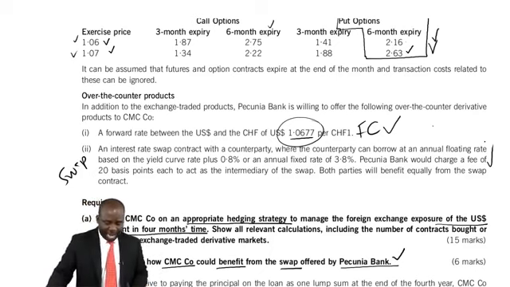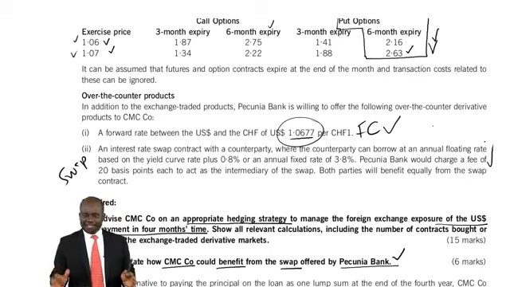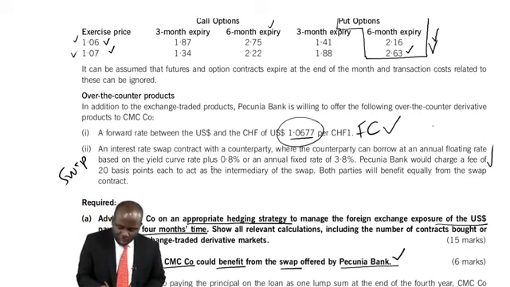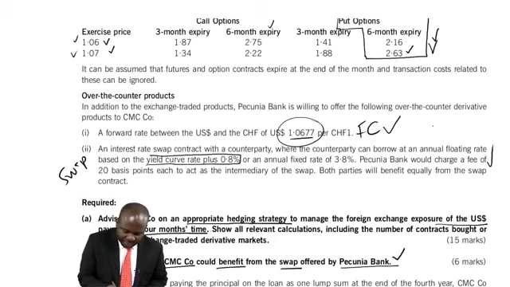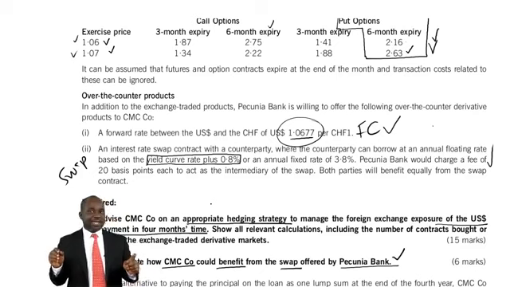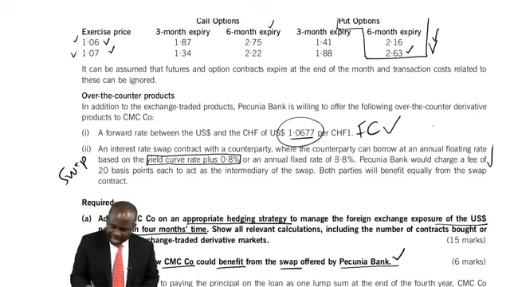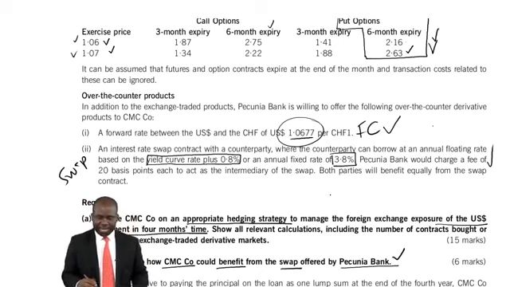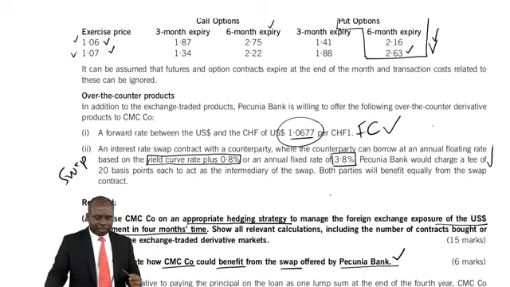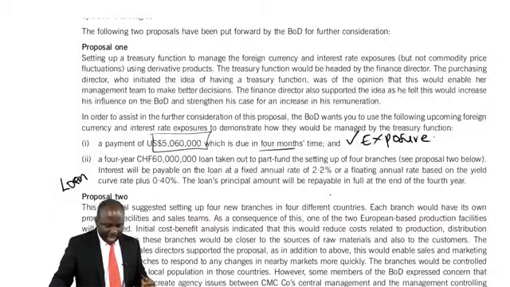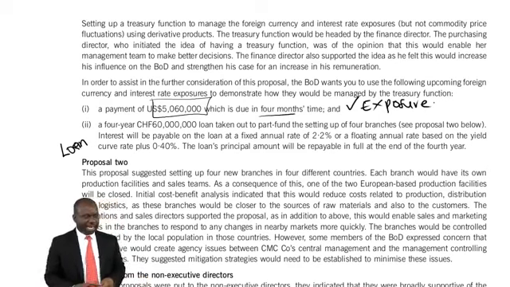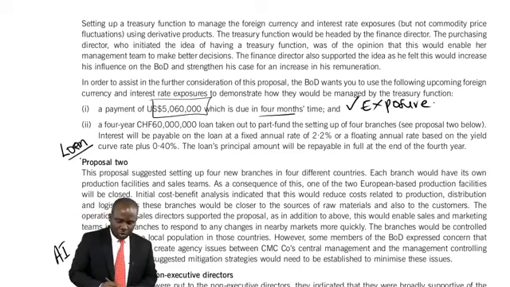Okay, so now if there's a counterparty, the counterparty will borrow at a floating rate of that. If they go to the bank directly for a fixed rate, they will have to pay what? 3.8. Okay, what about us? If you come up here, that is where they illustrated the loan we have gone in for.